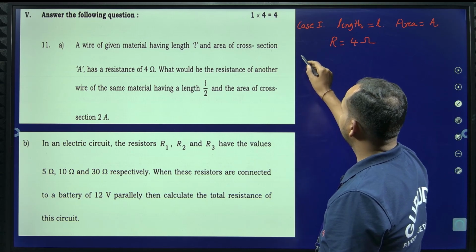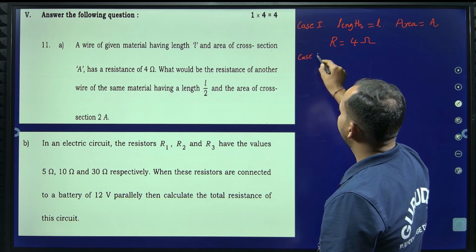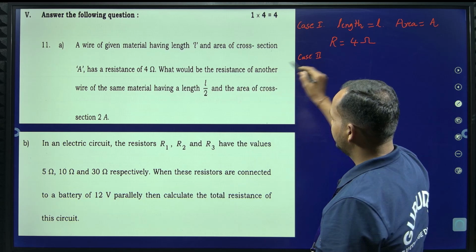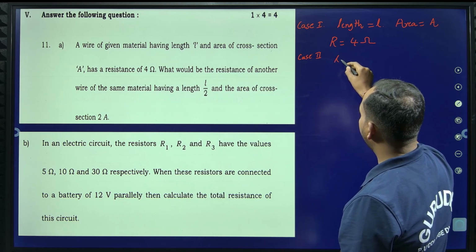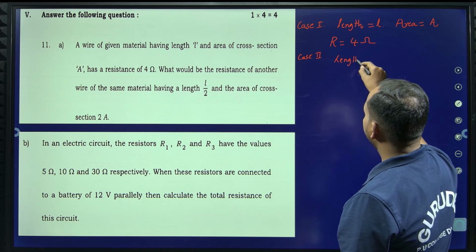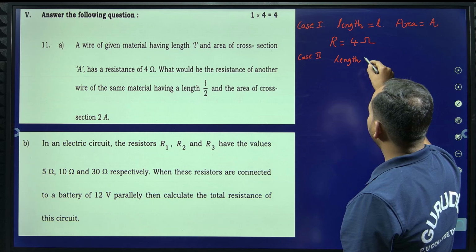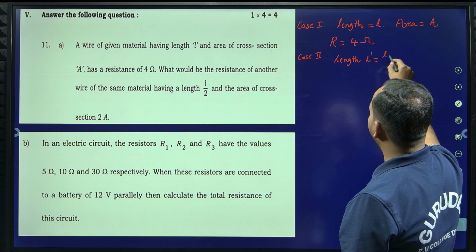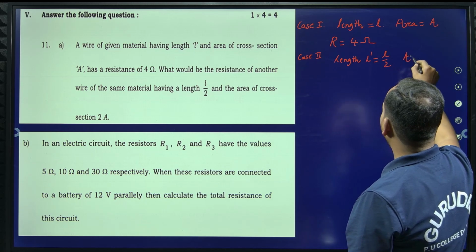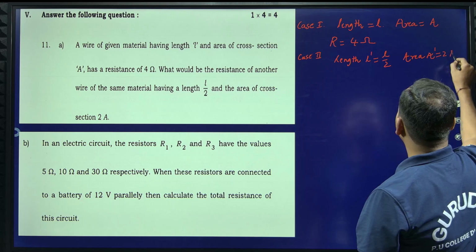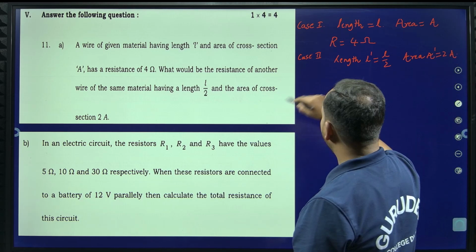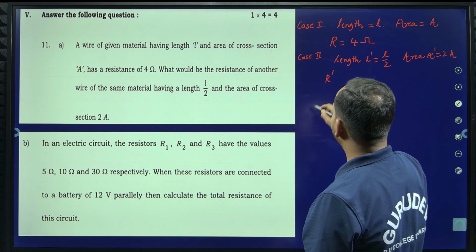Next, case 2: if the length becomes L by 2, I will take the new length L dash, which is L by 2, and area A dash, 2A, then what is the new resistance R dash?